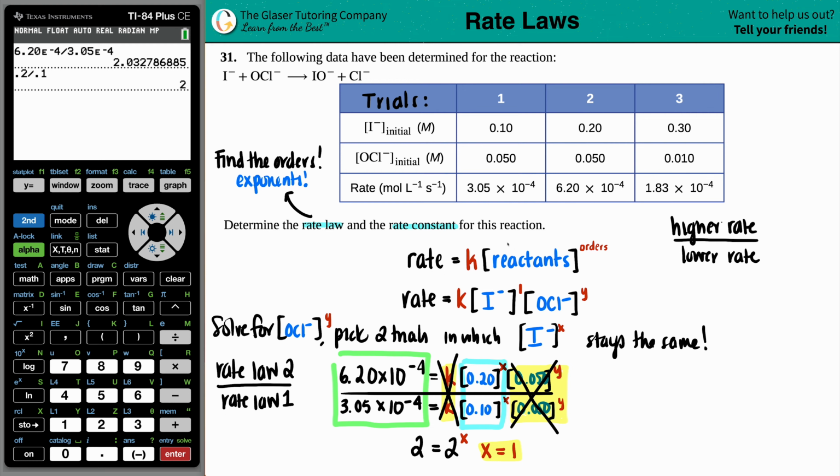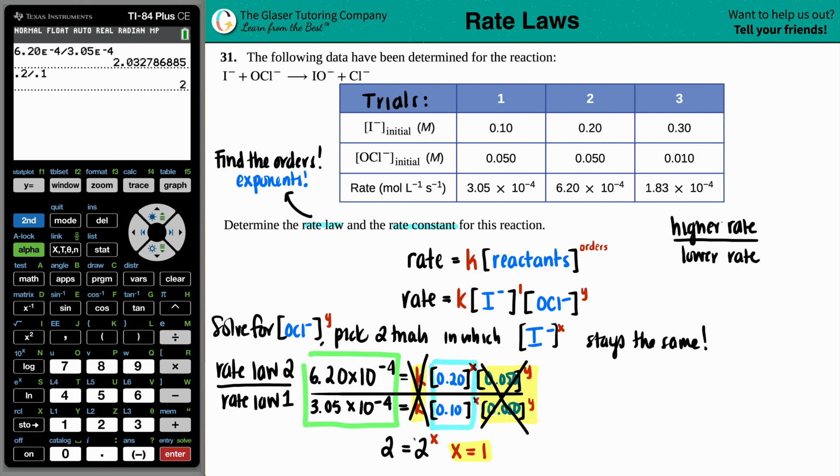So instead of canceling it out, we're just going to do the math. A little bit more complicated, but the math is there, so we can do it. In this case, it doesn't really matter what 2 trials you pick. Just abide by the rule of higher over lower. It's just going to make the math easier in the end. Meaning, look how easy this math was: 2 and 2. So that's what I mean by that.